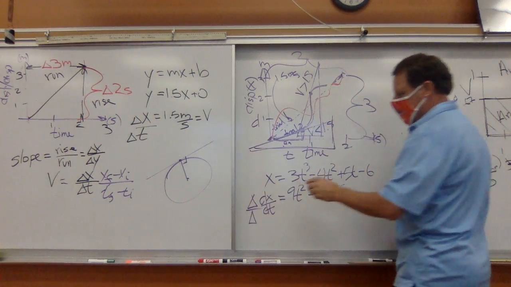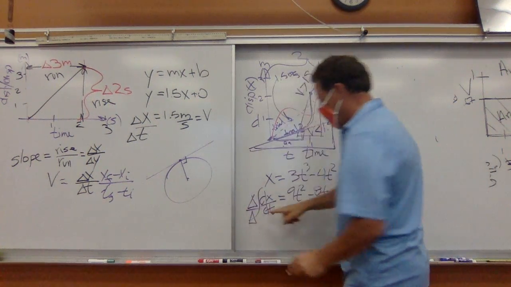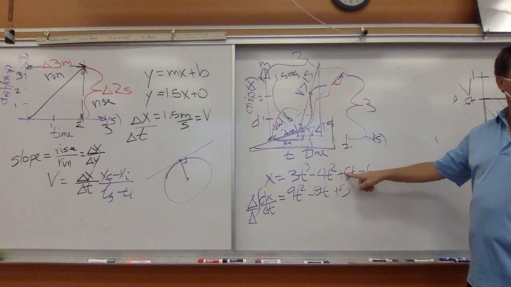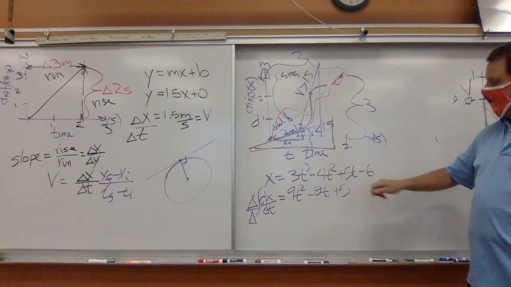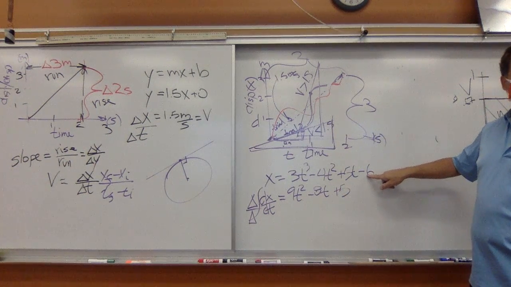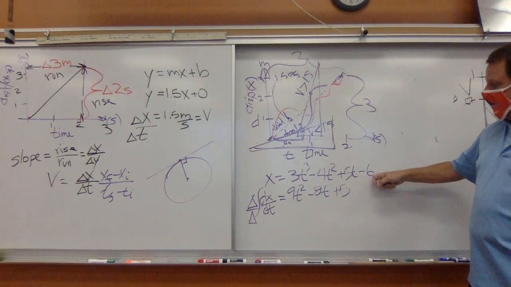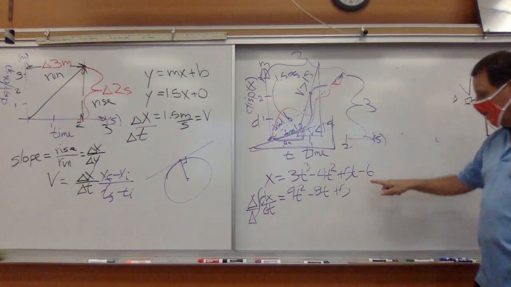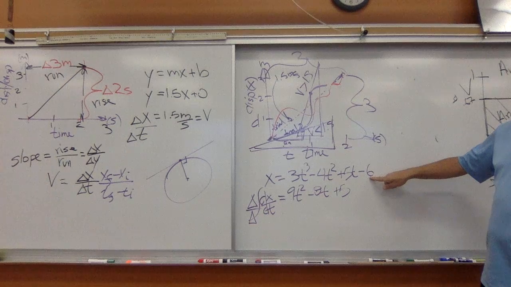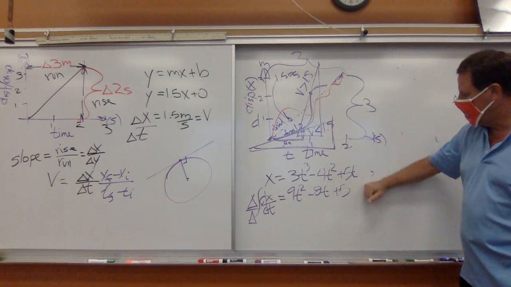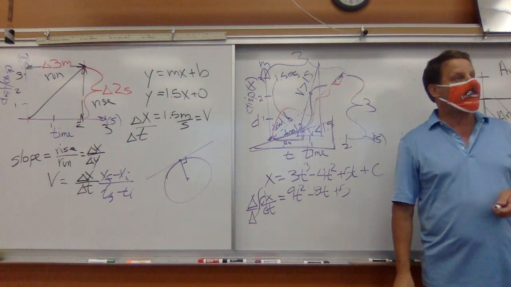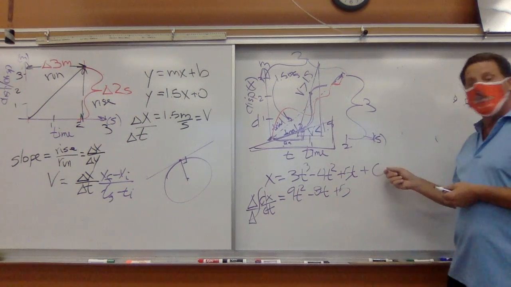If you take the integral of this, you're going to get this. But the one thing you don't know is this last number. When you're going in the opposite direction, you would not know what that number is, so you'd call it some constant.